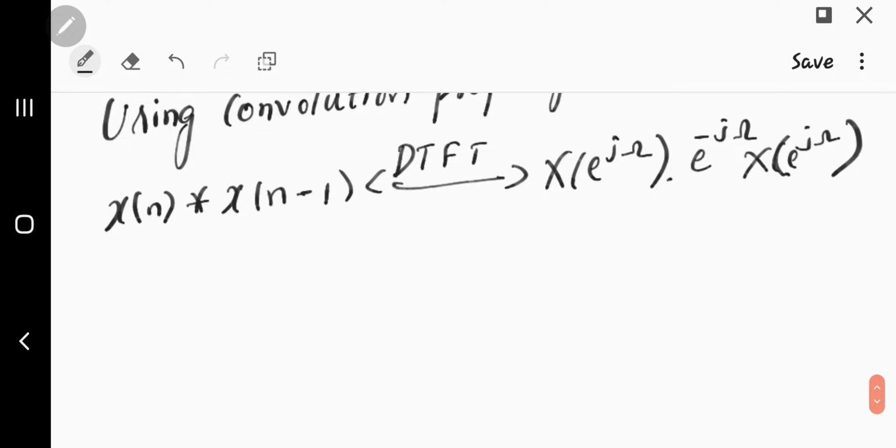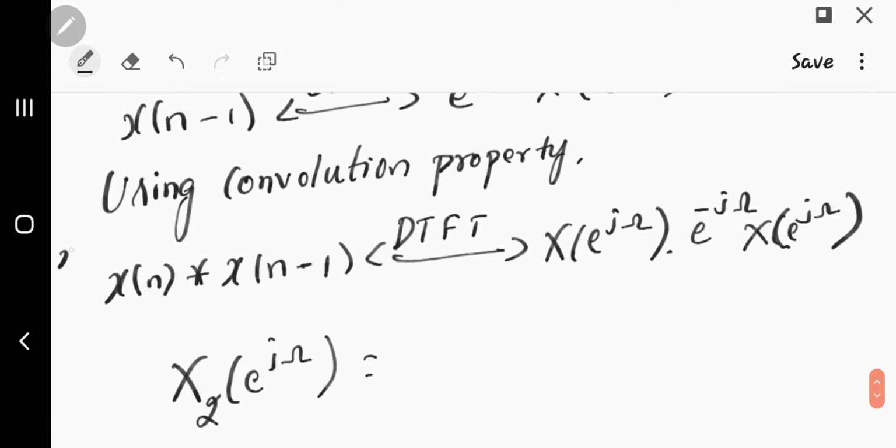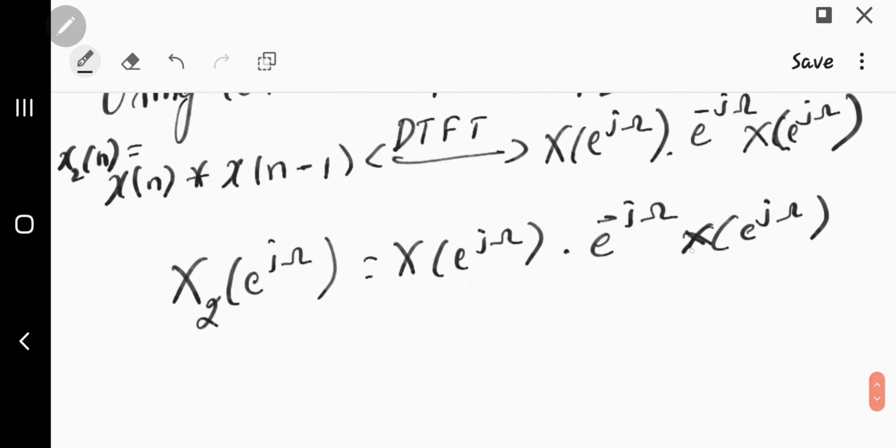Now you have to just substitute this value. X2 of e power j omega is equal to, because this is x2 of n here, so x2 of e power j omega is equal to x of e power j omega into e power minus j omega x of e power j omega.